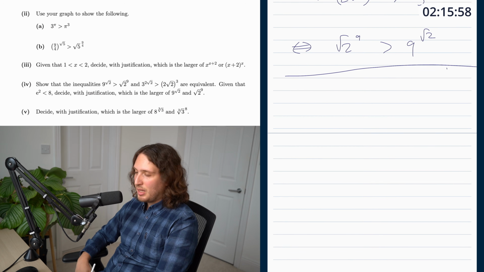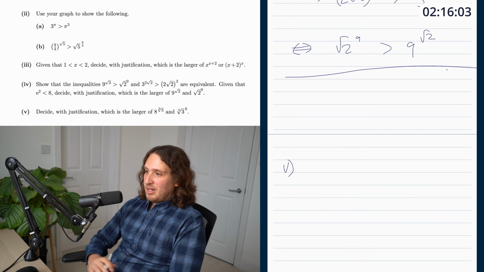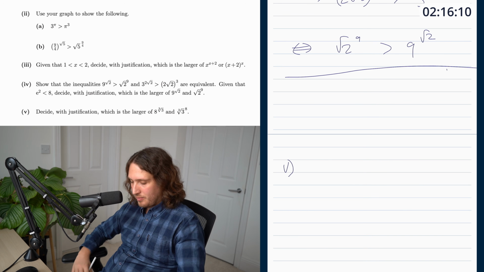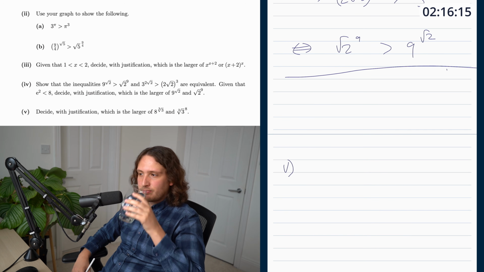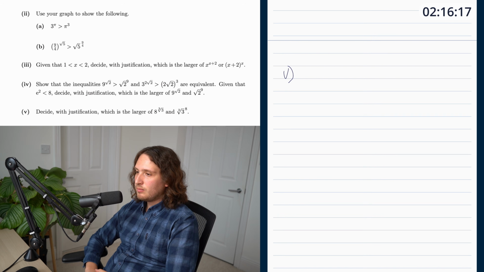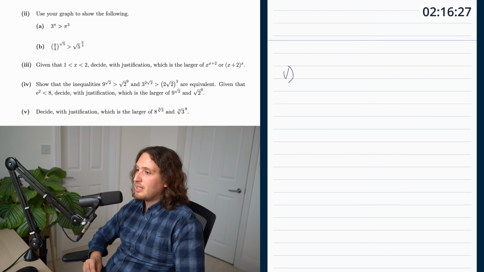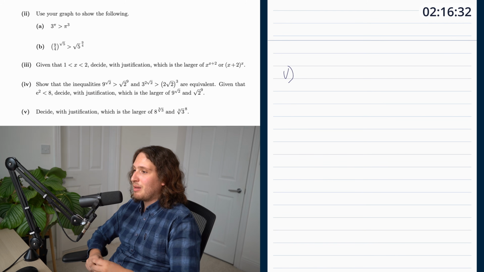Okay, one part to go, 45 minutes on the clock. Part 5, decide with justification which of these is bigger. Well, I'm going to have to play the same sort of game as in the last part to get these into a form where you've got the same base and argument just switched over.